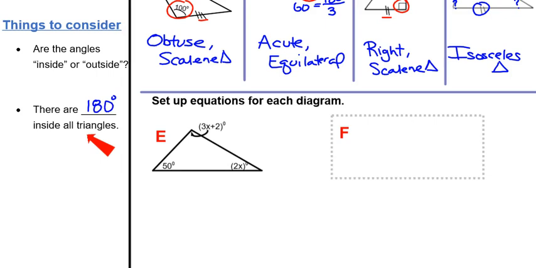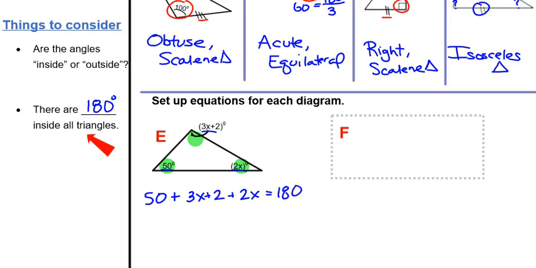So when I look at question E, I notice that when I shade the angles that are there, and again, it's a good idea to shade the angles with your pencil so that you realize where they are all inside the triangle. So I just have to write all of those angles down, 50 plus 3x plus 2 plus 2x, and equal that up to 180 degrees.